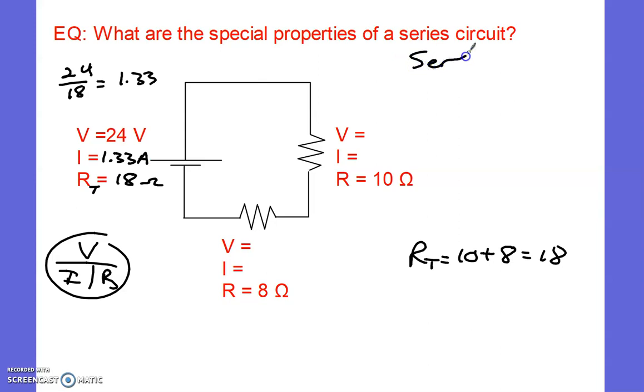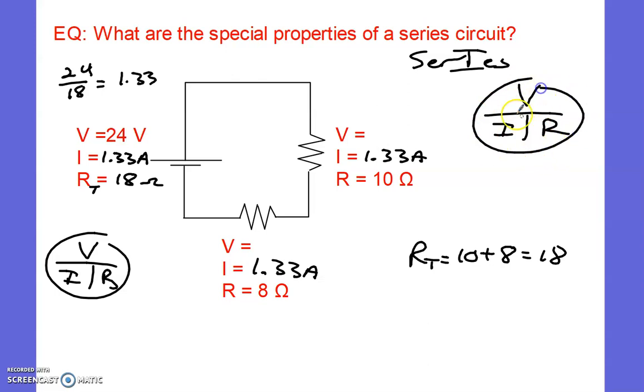Since it is a series circuit, all of the I's are the same, so these are also 1.33. And then to get the two voltages, we're going to multiply I and R.